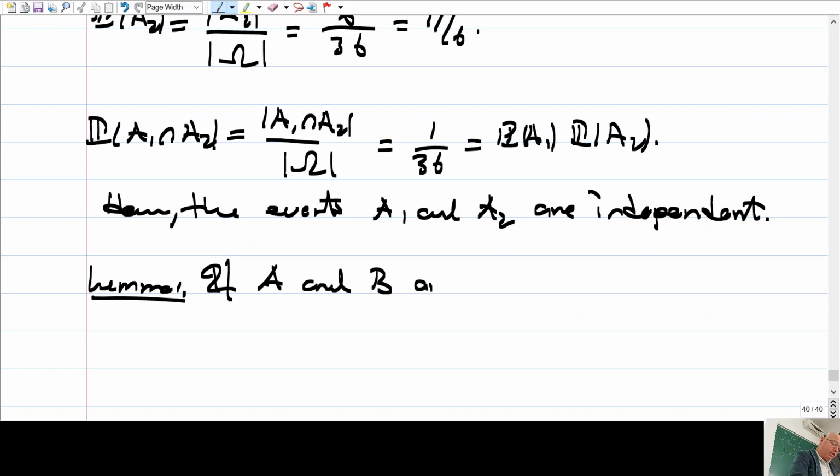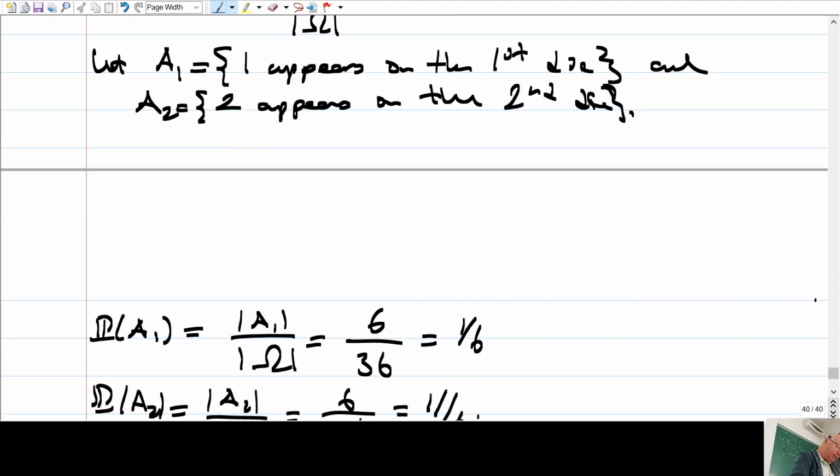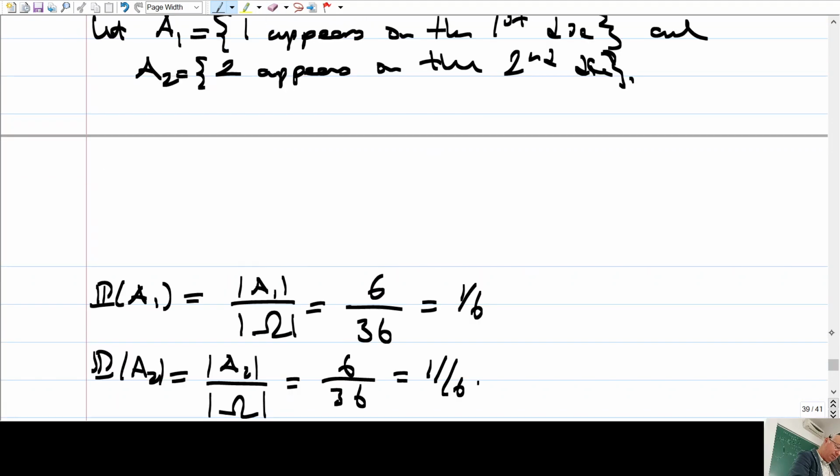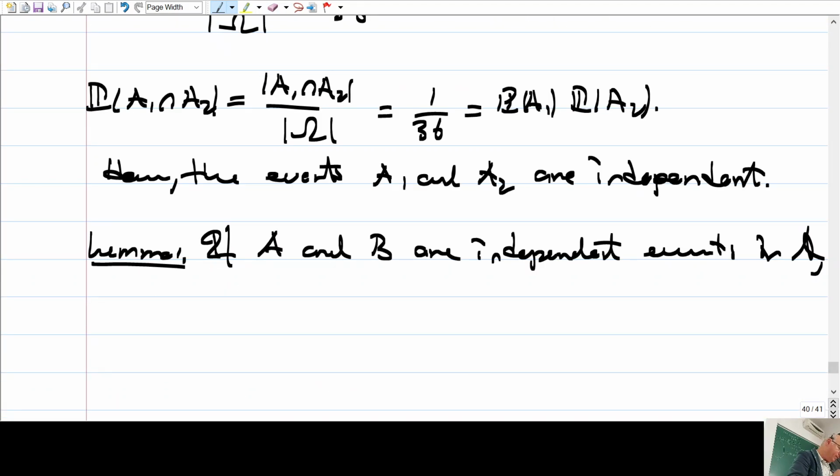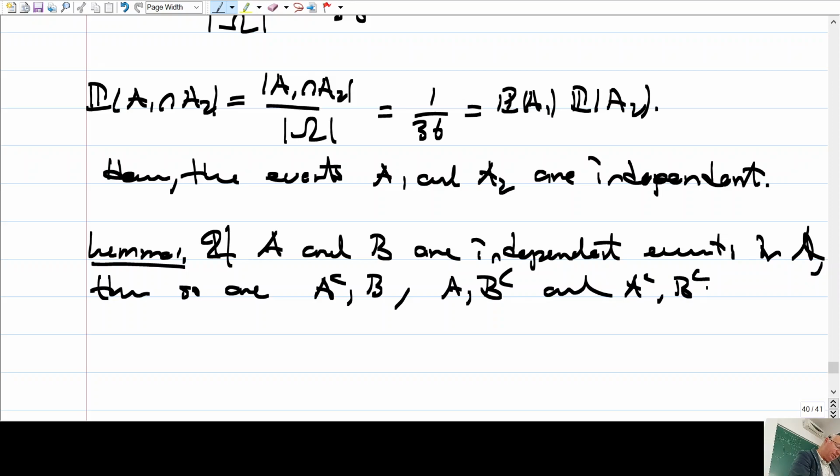If A and B are independent events in our sigma algebra, then so are A complement and B, A and B complement, and A complement and B complement.